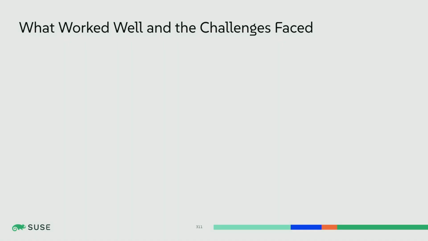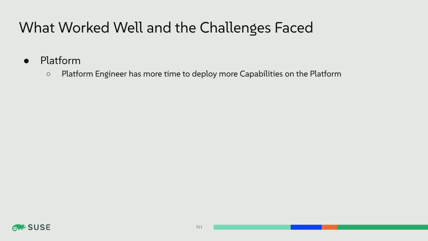So let's see what works well in this project for me and what challenges I faced during this project. So on the platform side, the platform engineer with this automation has more time to do more work around capabilities. So he has time to deploy external DNS, External Secrets Operator, Cloud Native PG, some stuff like that.